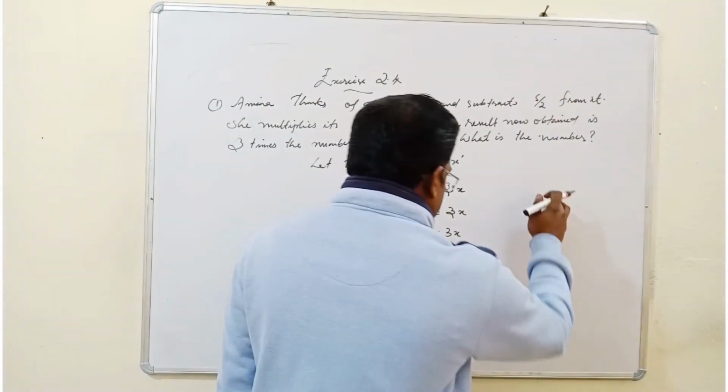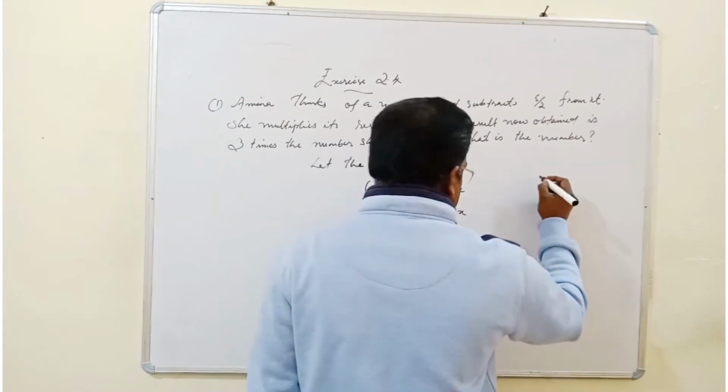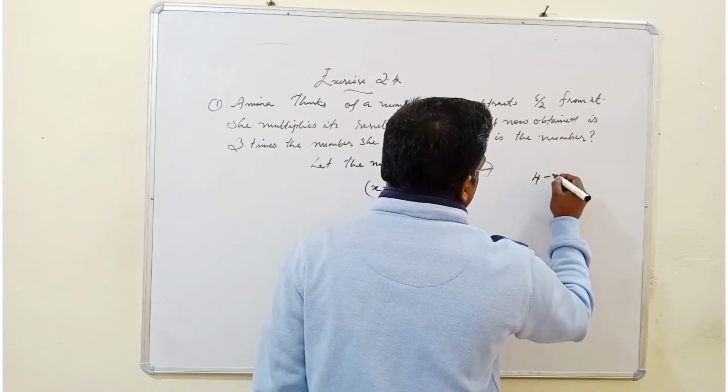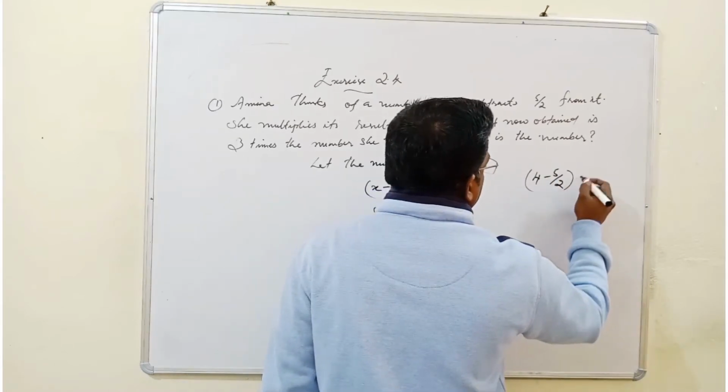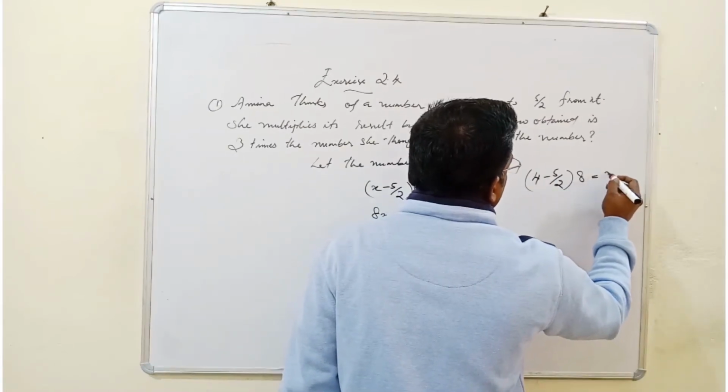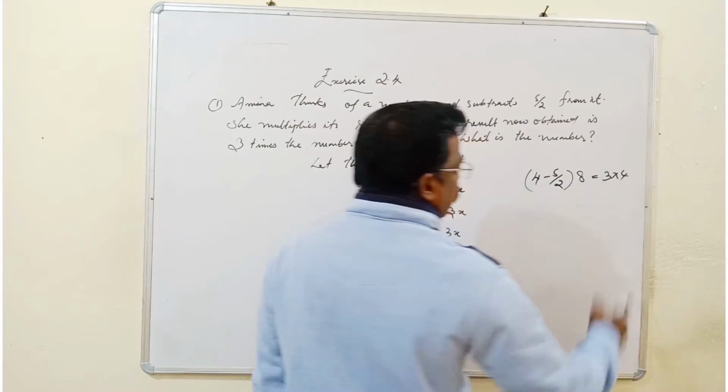Okay, let us check whether our answer is correct or not. She subtracted 5 by 2 from this number 4 and multiplied that by 8. Then she got 3 times that number, which is 4.